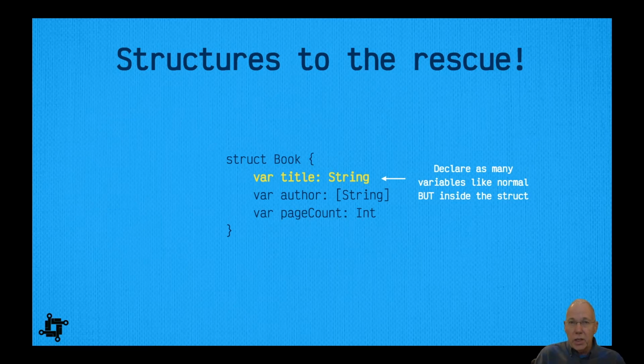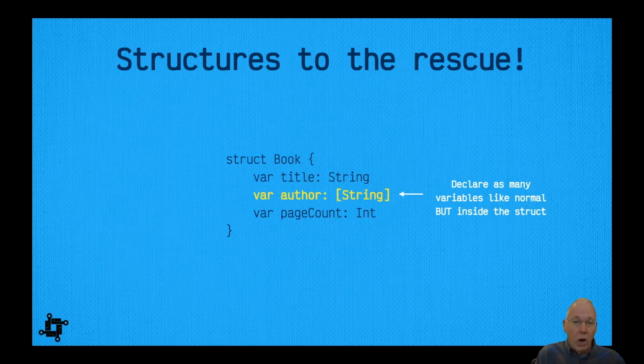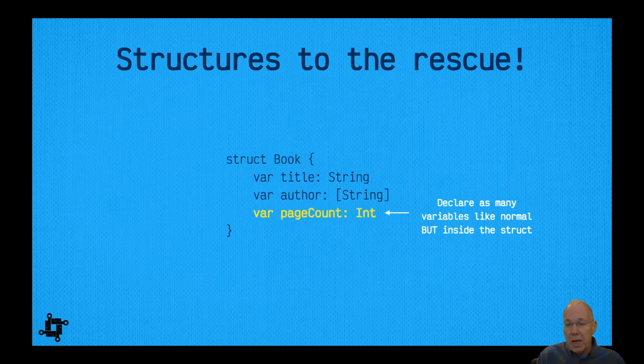So this is where the dictionary wasn't valid, right? Because the dictionary said that all of these needed to be the same type. In a struct, we're not limited to that. So here we have var title, which is of type String. We have var author, which is an array of strings. And then we have var pageCount, which is an Int for integer. And so this is how we can declare a struct.